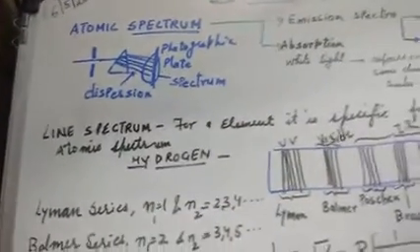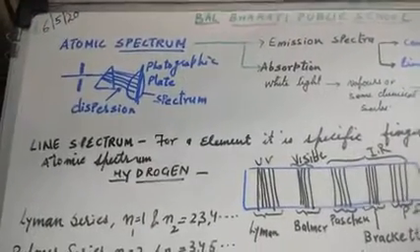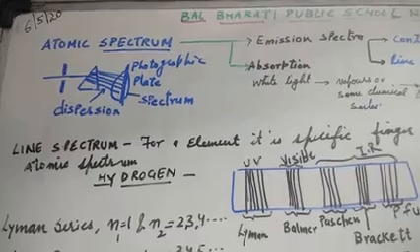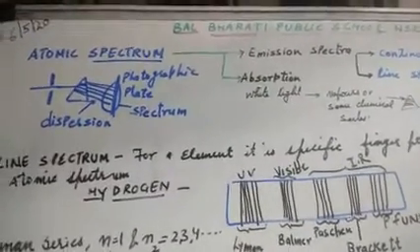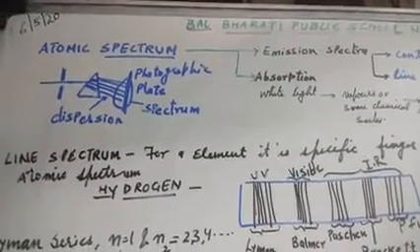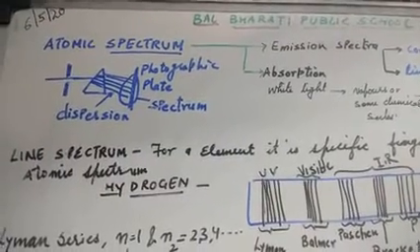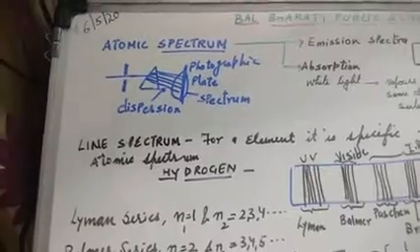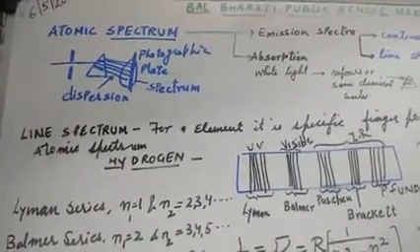And I am telling you, students, that Bohr studied the atomic spectrum of hydrogen only, or hydrogen-like species only. He was unable to give the spectrum of other, multi-electron elements. Only the spectrum of elements containing a single electron was given.